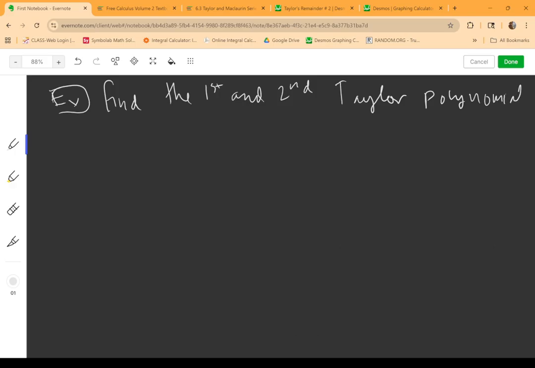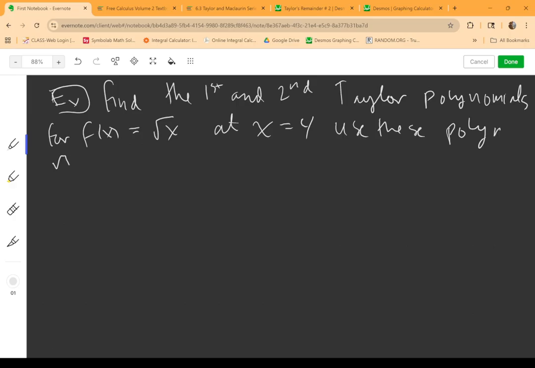I want to find the first and second Taylor polynomials for f of x equals root x at x equals 4, and then use these polynomials to estimate the square root of 6, and then use Taylor's theorem to bound the error.